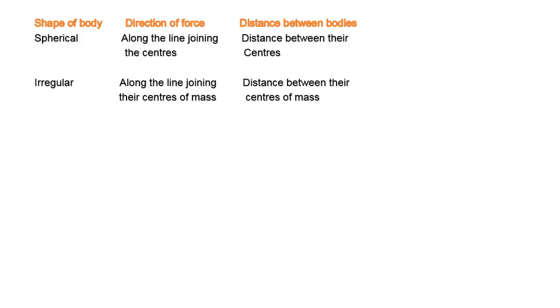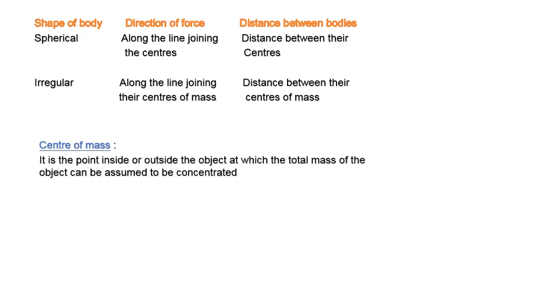Now what is this distance and what is that center of mass? So center of mass is defined as the point, inside or outside the body, outside the object, at which the total mass of the object can be assumed to be concentrated.